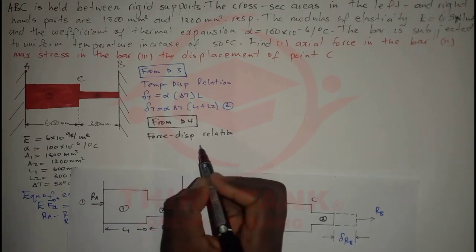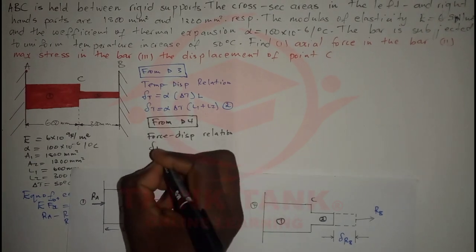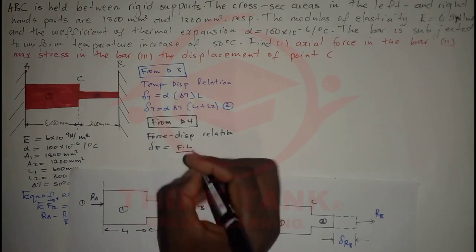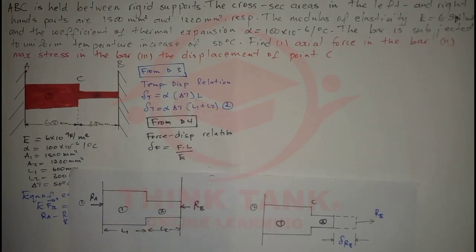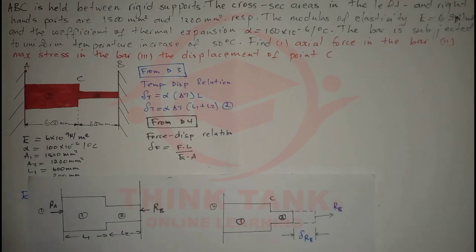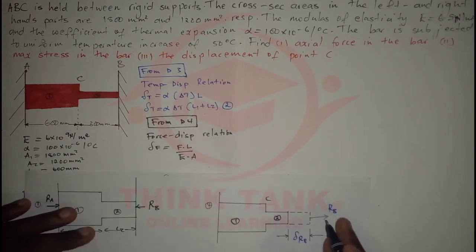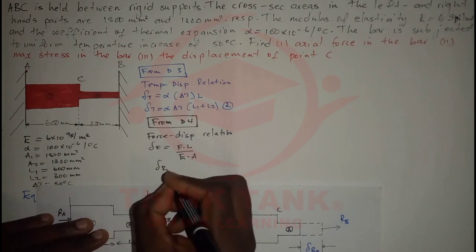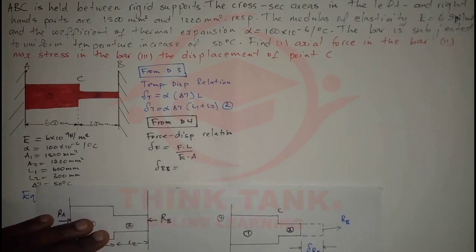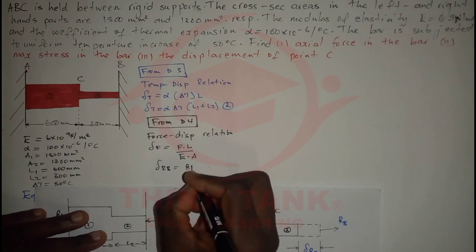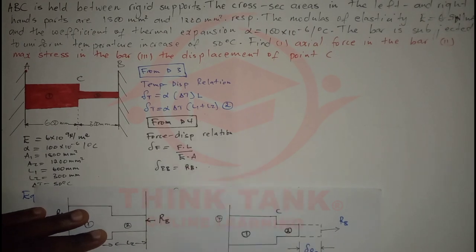Okay, so from the force displacement relation, we know that the change in length due to a force is going to be given by the magnitude of that force times the length divided by E, which is the elasticity, times the cross-sectional area. Okay, so from here, what is our force? We can agree that our force here is the redundant, which is RB.